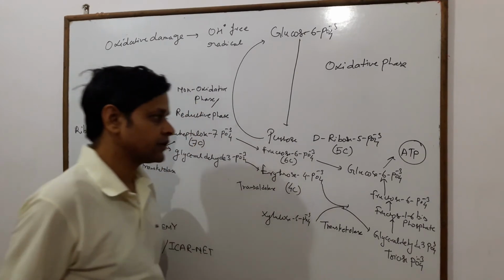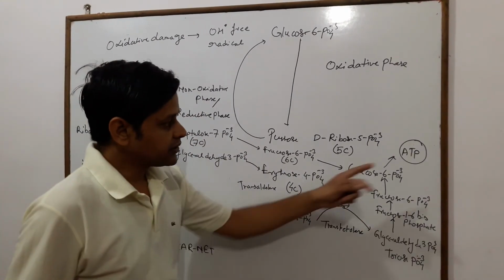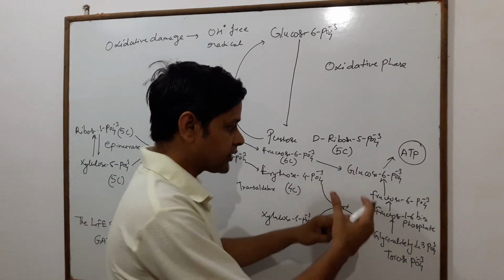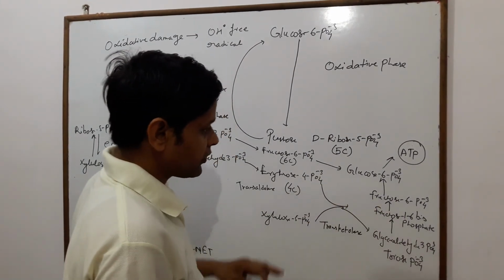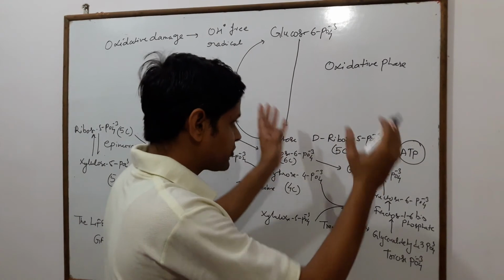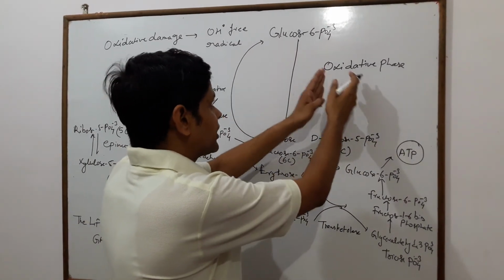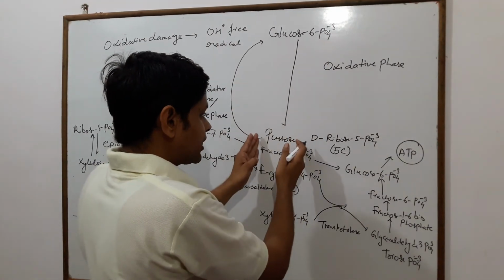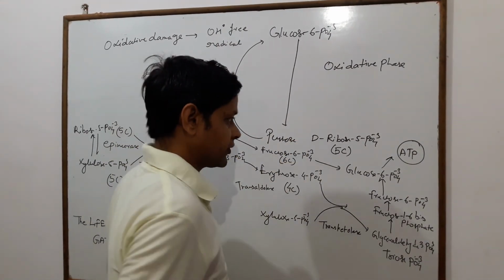Whenever the cell consumes all the glucose 6-phosphate, it comes back into the oxidative phase and converts glucose 6-phosphate to D-ribose 5-phosphate.